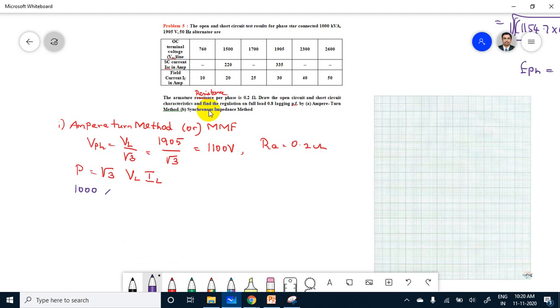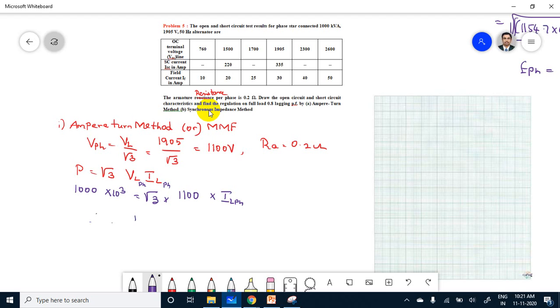1000 into 10 power 3 equals root 3 into VL IL, everything as phase voltage and phase current. Root 3 into V phase, which we already got as 1100, into IL phase.